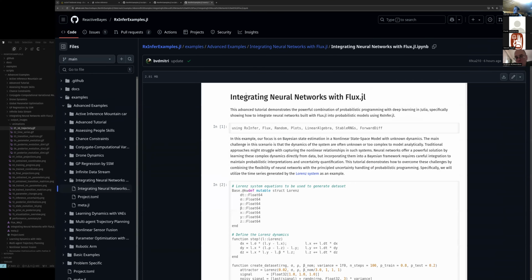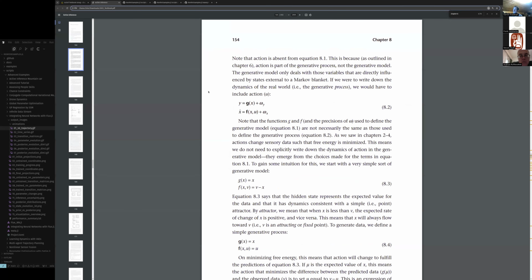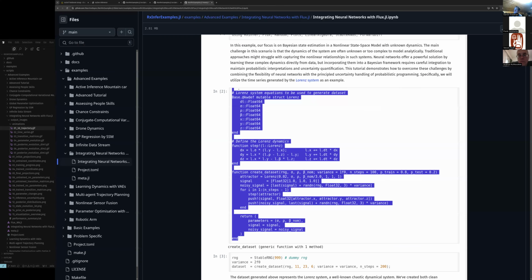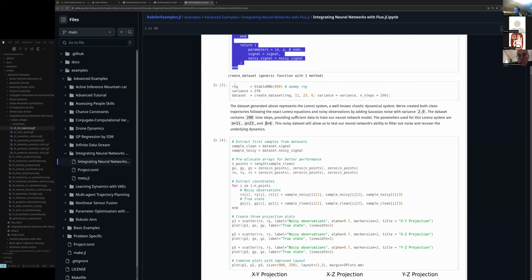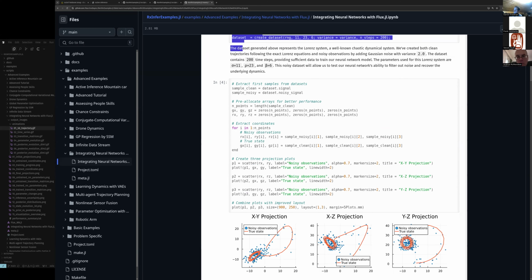So first they define the Lorenz system. This is going to be the underlying generative process. In terms of chapter 8, we'll go back and forth between chapter 8 and this more recent work. The underlying process is the X. Y are going to be the observations that are sampled from the Lorenz system. A data set is created with noisy samples coming from this Lorenz system.